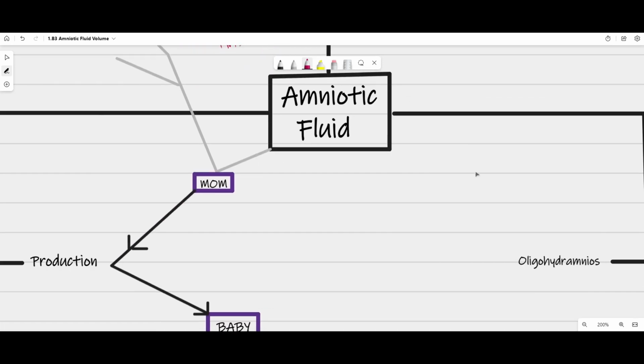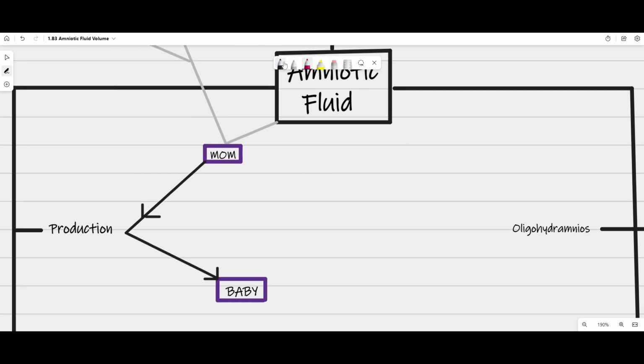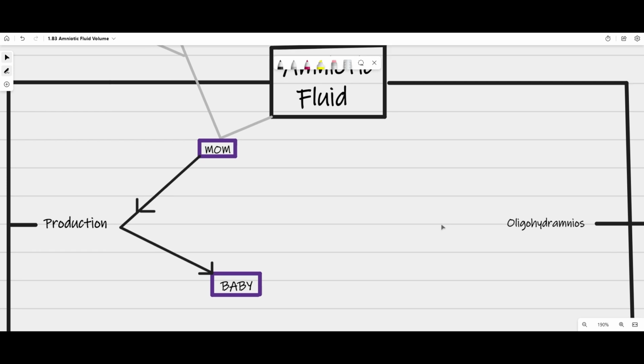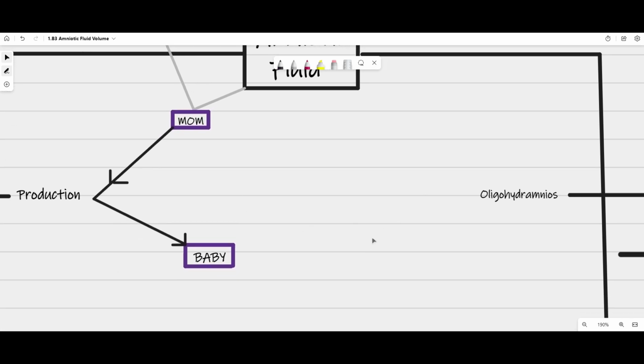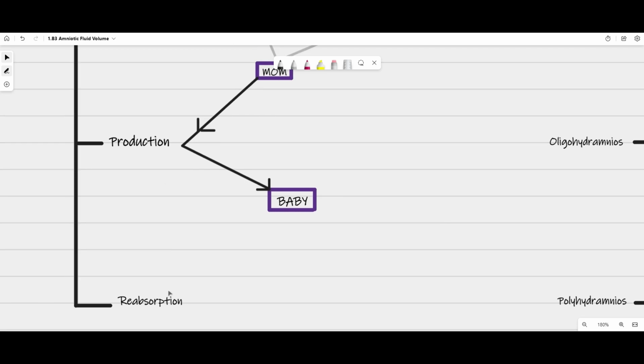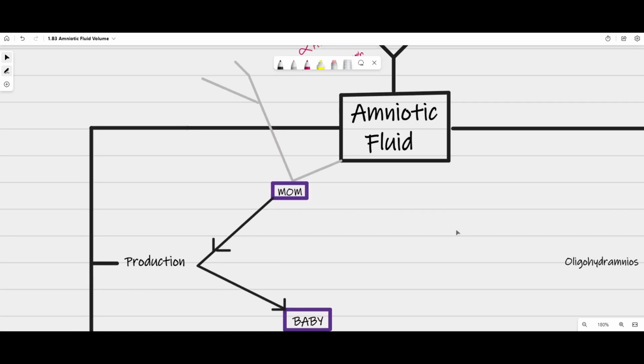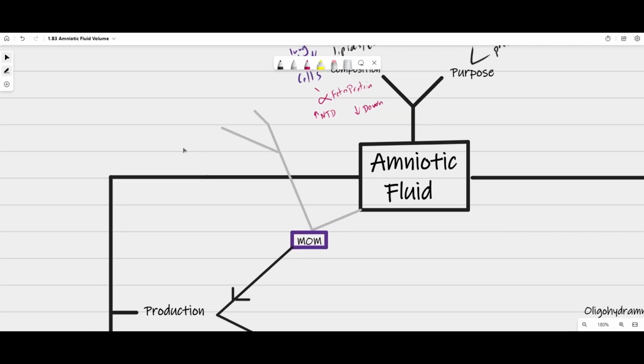Now, the meat of this one is where does it come from? Where does it go? So it is a balancing act between two forces. We have production and reabsorption. With our production, it's coming from our mom, so it is maternally derived water.